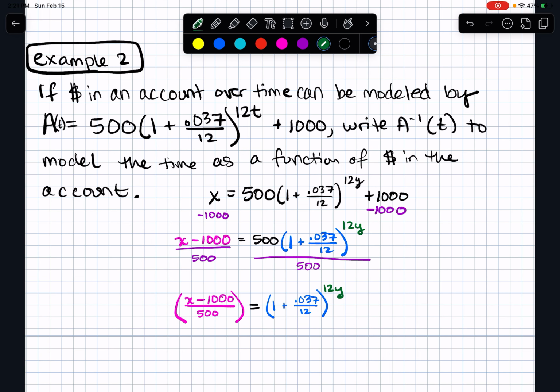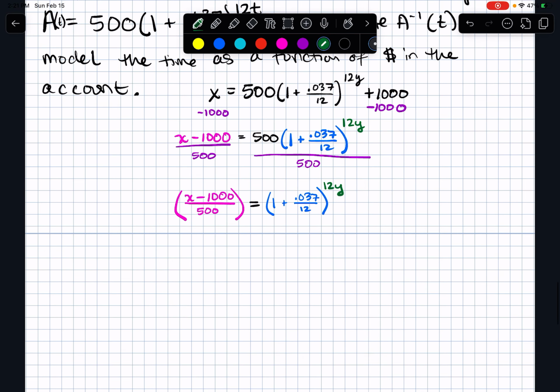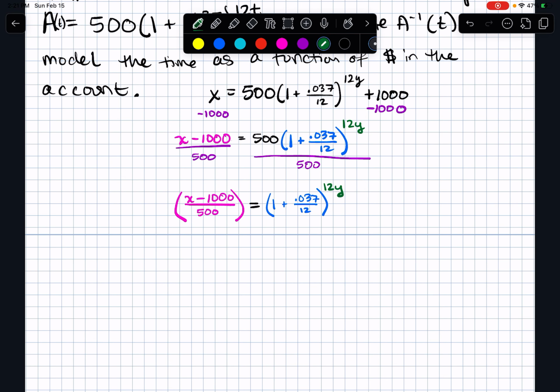Since I have base, power, argument, I can rearrange with my log. So my power equals the log base (1 plus 0.037 over 12) of my argument.